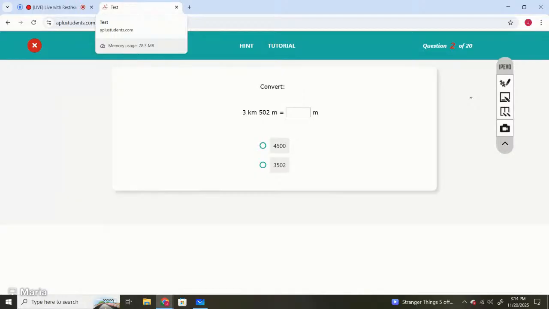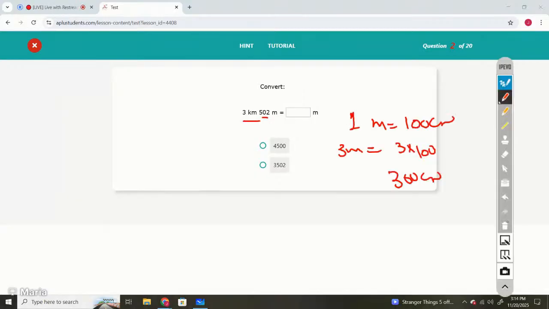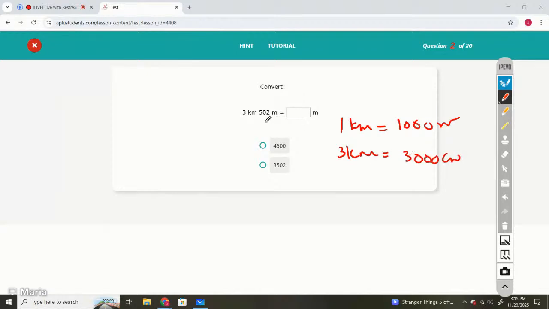Convert 3 kilometers and 502 meters. 1 kilometer is 1000 meters, right? So 3 kilometers equals 3000 meters. You already have 502, so just add 3000 and 502.